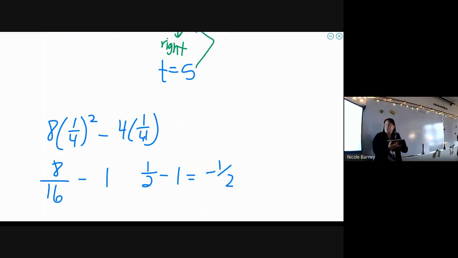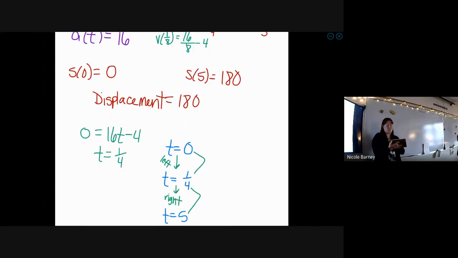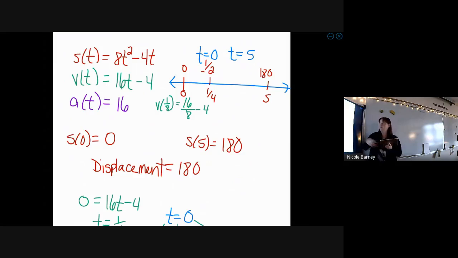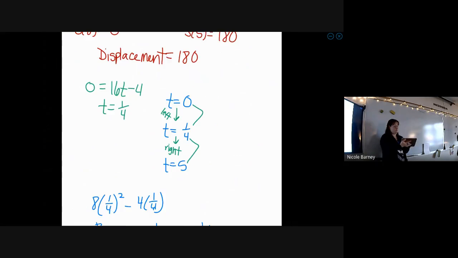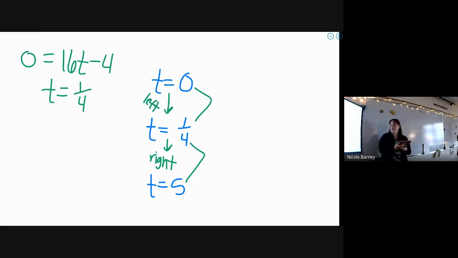Okay. So these are where I am at each point, right? I'm at 0, then I'm at negative 1/2, then I'm at 180. So here I'm at 0, here I'm at negative 1/2. How far did I go? Negative 1/2, right? But we're just saying, how far is that? We don't have to worry about the negative because we're not talking about direction.